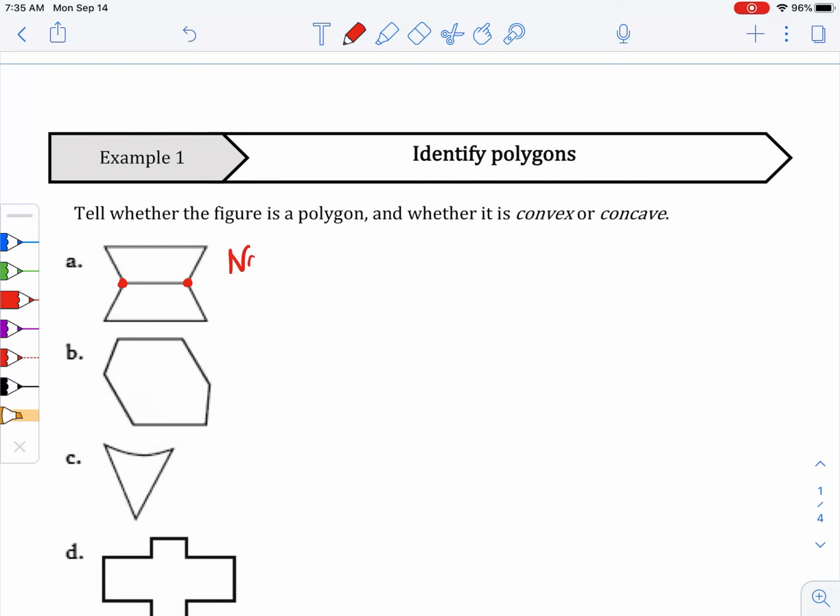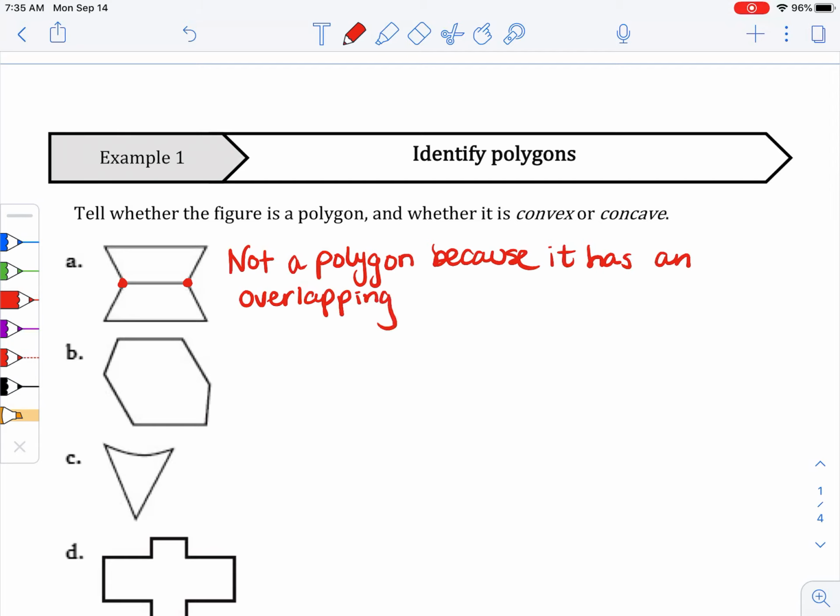So we'd say not a polygon because it has an overlapping side. Or more specifically, it has those 2 vertices that have 3 sides connected to them.